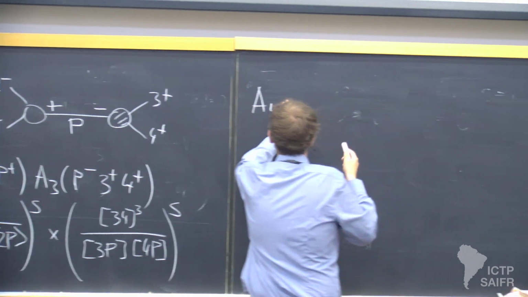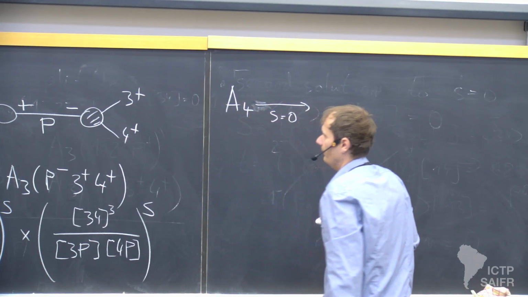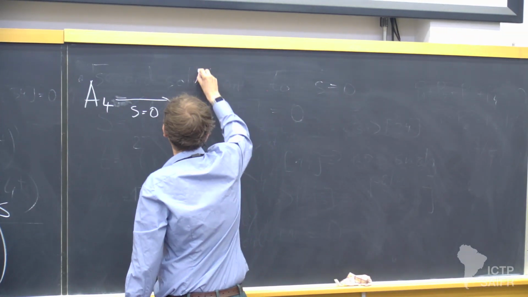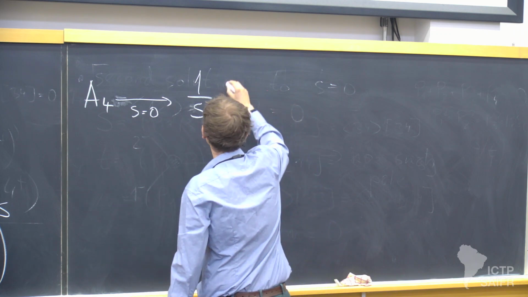So on the pole, it's not equal, sorry, I have to be specific here. On this pole, we will have 1 over S. And then I just put these brackets together.